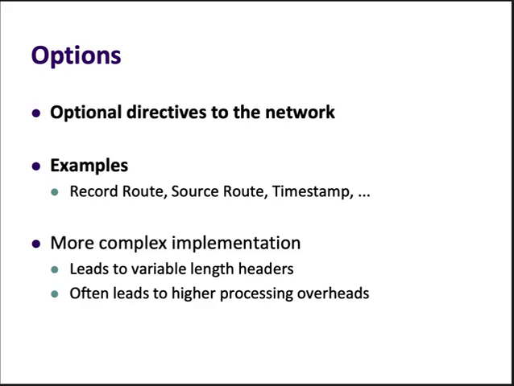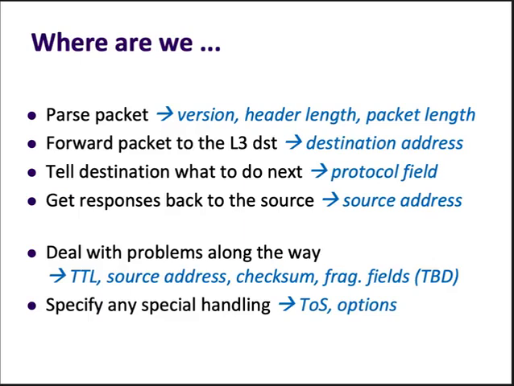So it's harder to have a parallel implementation, which is what allows hardware to go fast. And the second problem is that processing options is an additional processing overhead on the router. And so they became ways of attacking a router. If you want to attack a router, you send packets with lots of options set, and now you're exhausting resources at the router. So again, options had mixed luck in terms of how they get used on the internet.